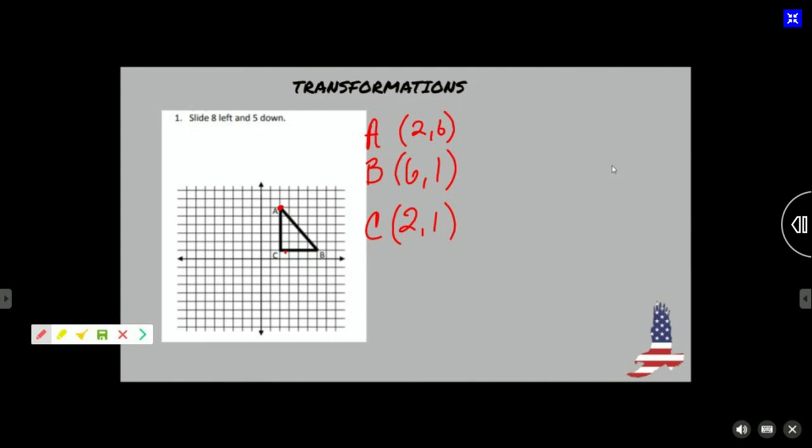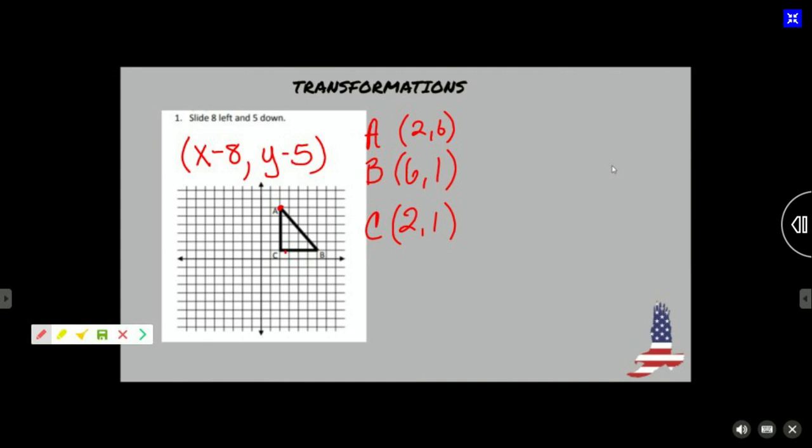What's 8 left going to be? X minus 8. And what's 5 down going to be? Y minus 5.